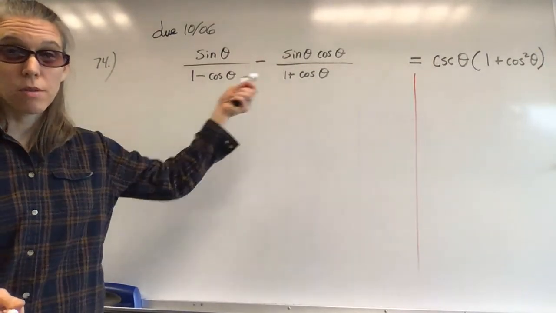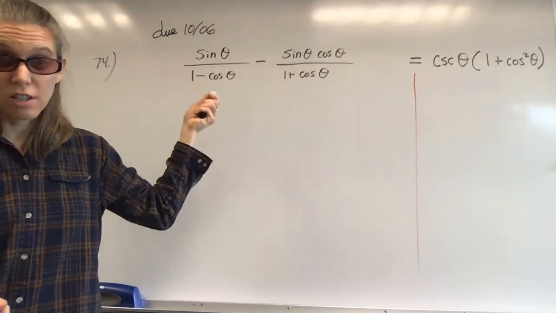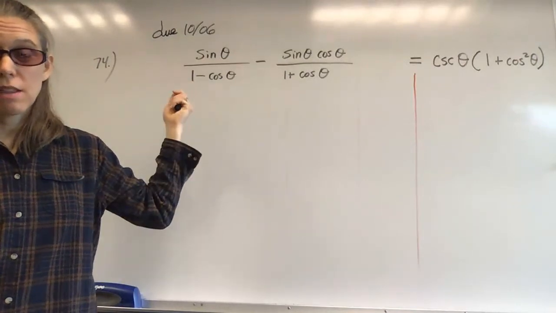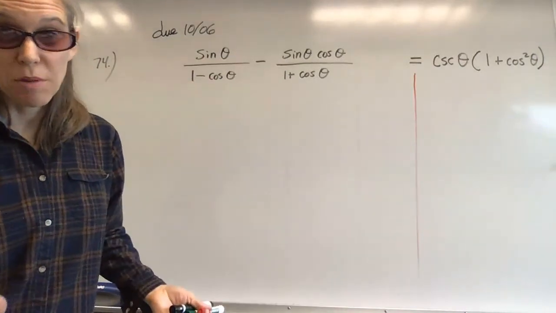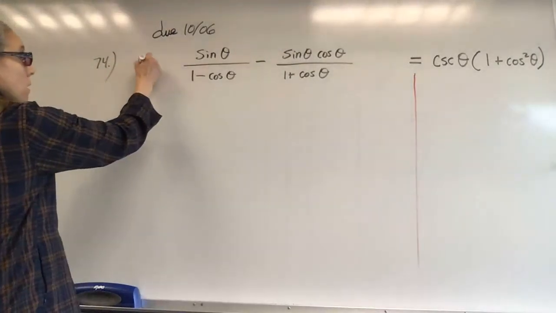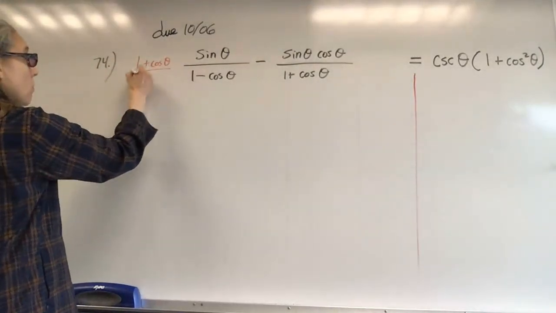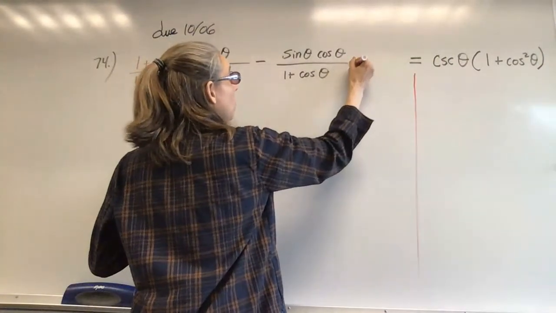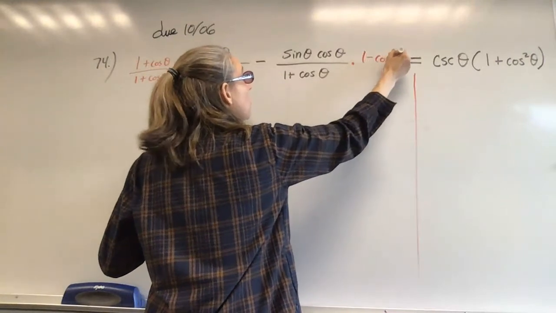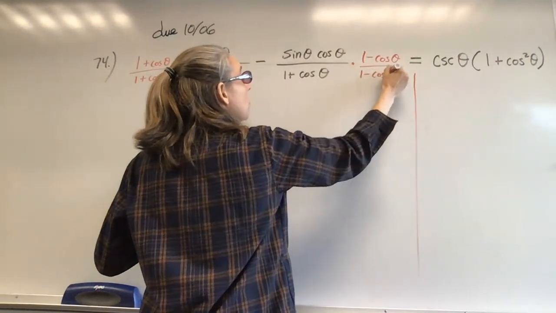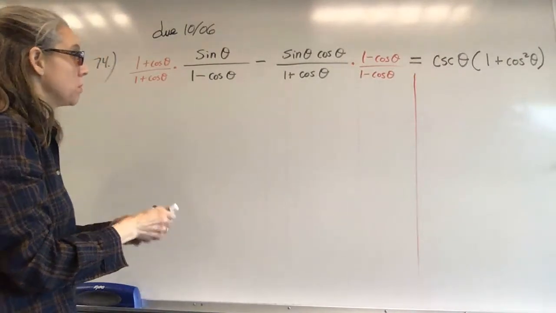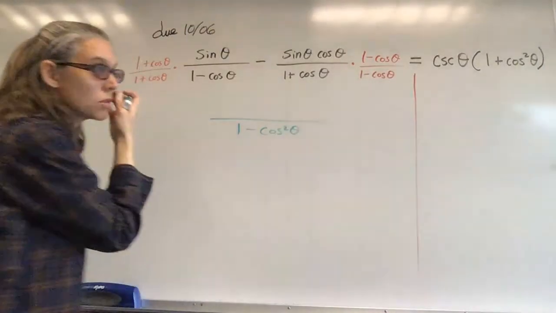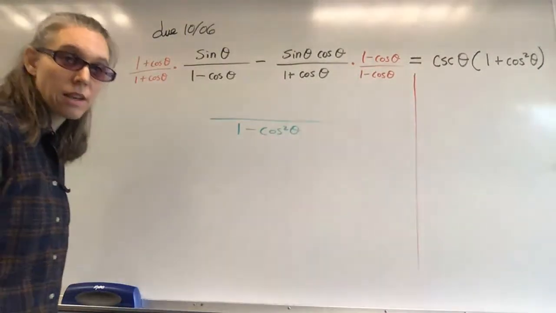I see here that both of my denominators are conjugates of each other, so I'm going to go ahead and multiply each of them by their respective conjugates, and that would give me a common denominator. So my new denominator is going to be 1 minus cosine squared theta, which is very nice because that will turn into sine squared theta.